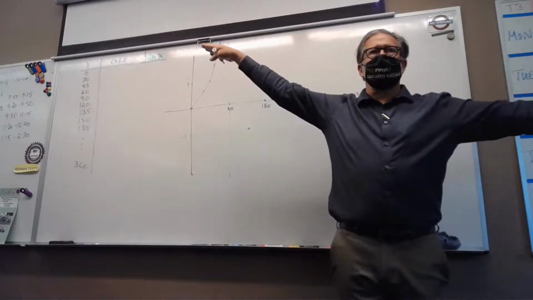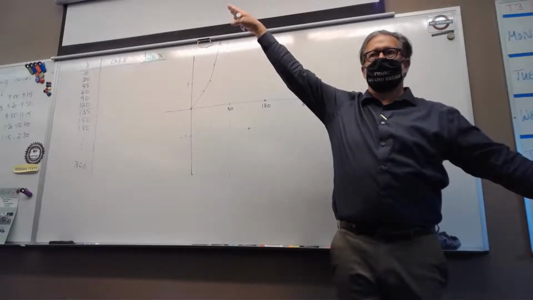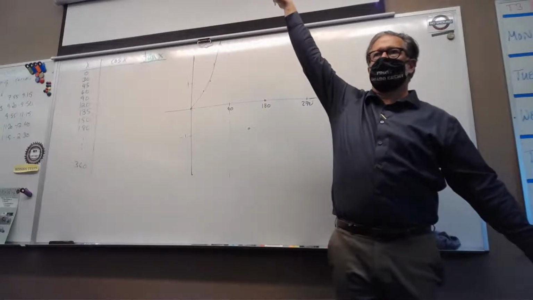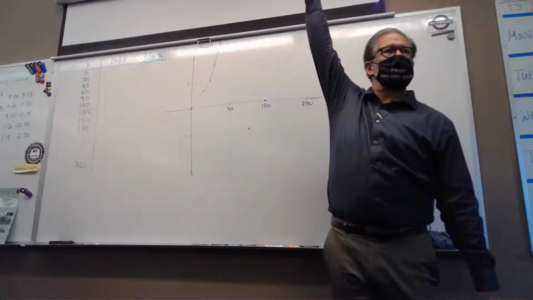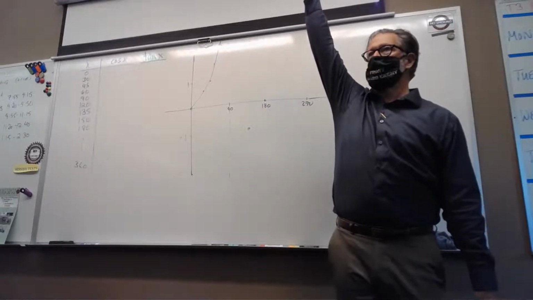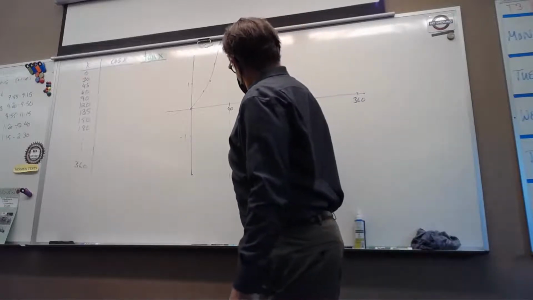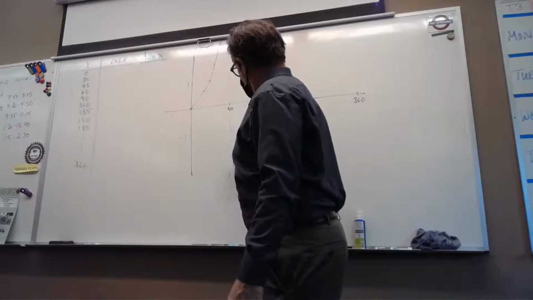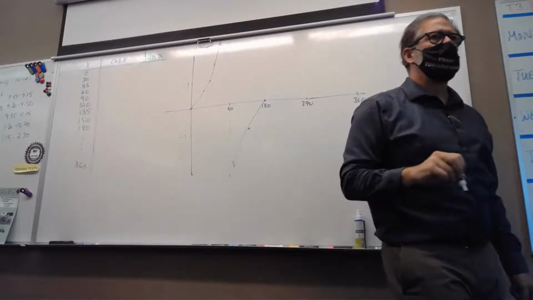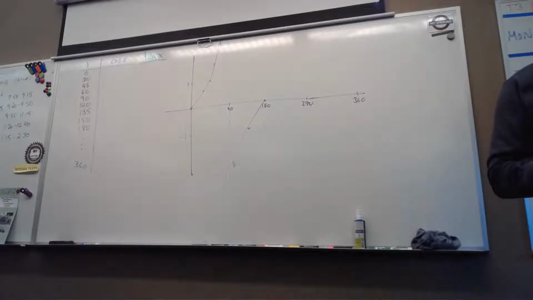What is the slope? Where was I? What happens to the slope as I get closer and closer to 90? It's getting bigger negative, right? Agreed?